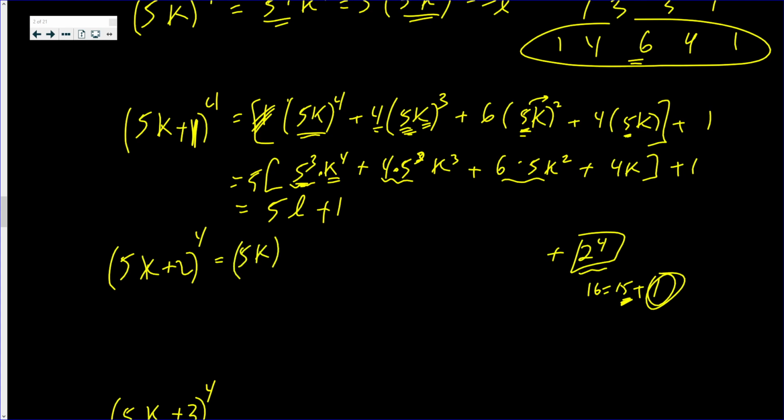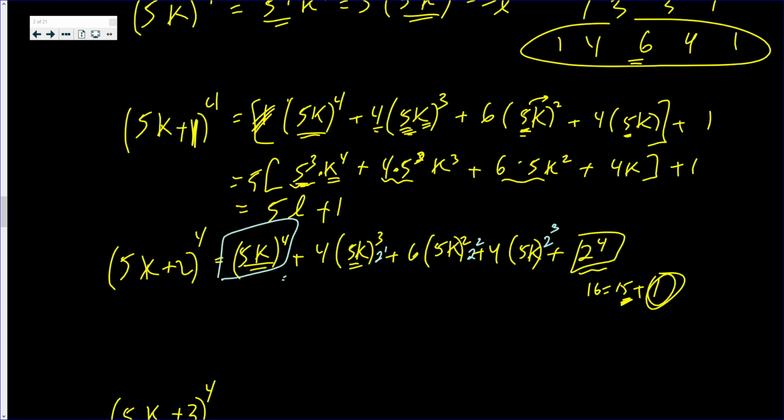You have 5k to the 4th, there's a 5 in here, plus Pascal's number, 5k cubed, which has the factor of 5, plus 6 times 5k all squared, plus 4 times 5k, plus 2 to the 4th, and 2 cubed, and 2 squared, and 2 to the 1, and then no 2's.